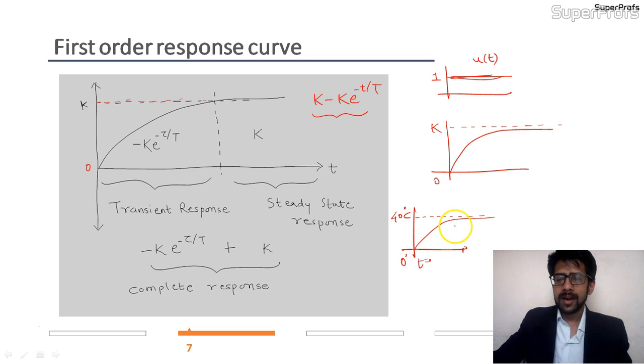Now, as the difference between the desired 40 degrees Celsius value and the 0 degrees Celsius value is more, we have maximum transfer of heat, which is delta T, nothing but 40 degrees Celsius minus the current temperature of water, Tc, which will be maximum at the start of heating when Tc is equal to 0.